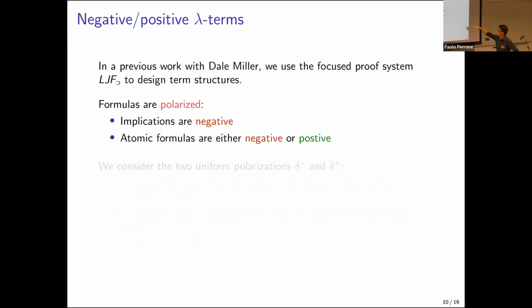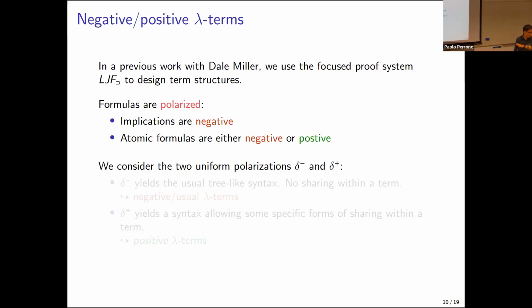The important property of this proof system is that different polarizations do not affect provability. If a sequent is provable with one polarization, then it is provable with any polarization. Another important point is that different polarizations will give you different forms of proofs, so we use this to design different styles of term structures.